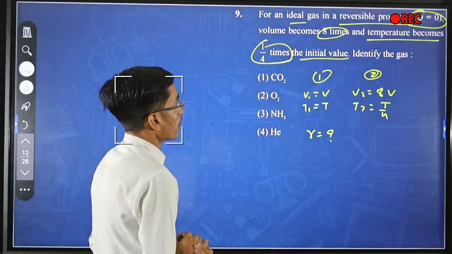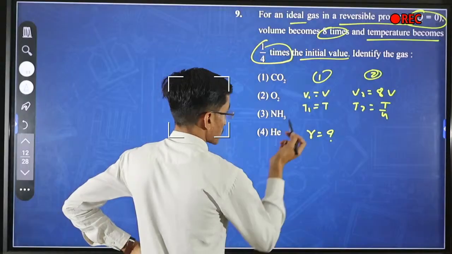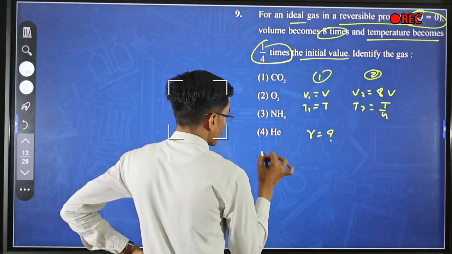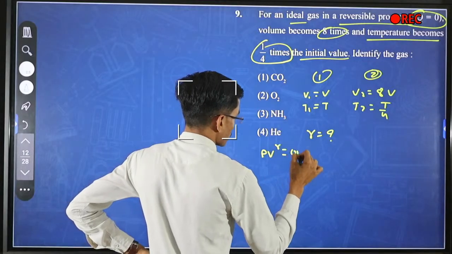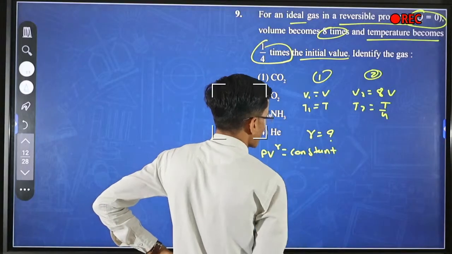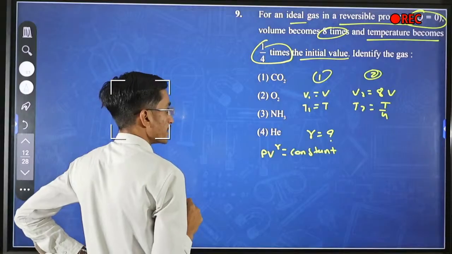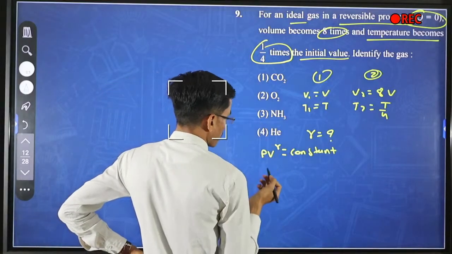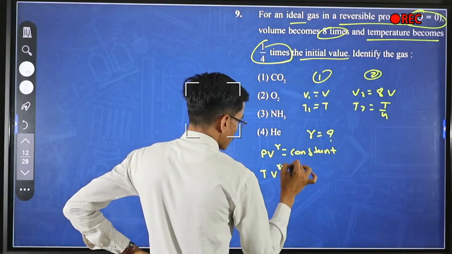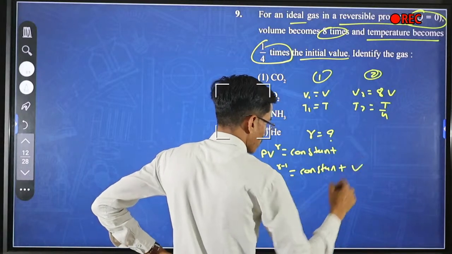So for a polytropic or adiabatic process, here T and V are changing. We have the equation PV raised to gamma is equal to constant. But in this question there is data of temperature and volume, so we can say TV raised to gamma minus 1 is equal to constant. We all know this.